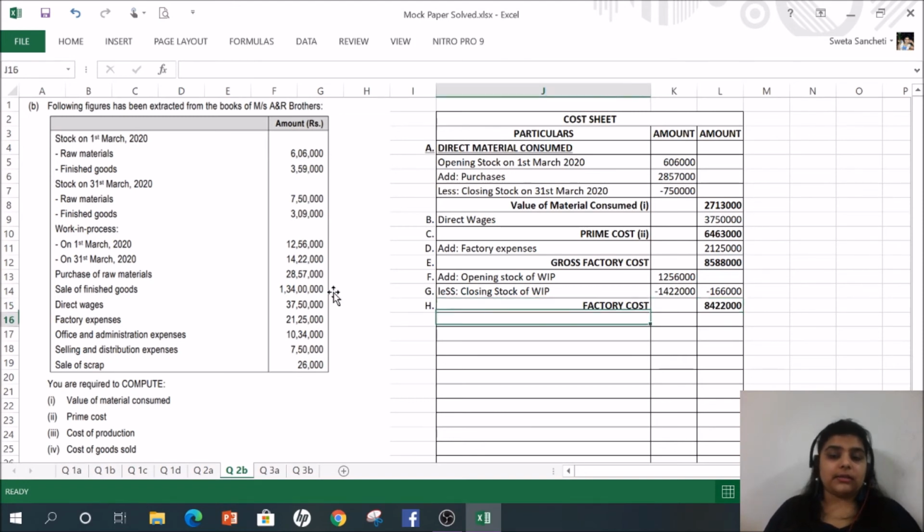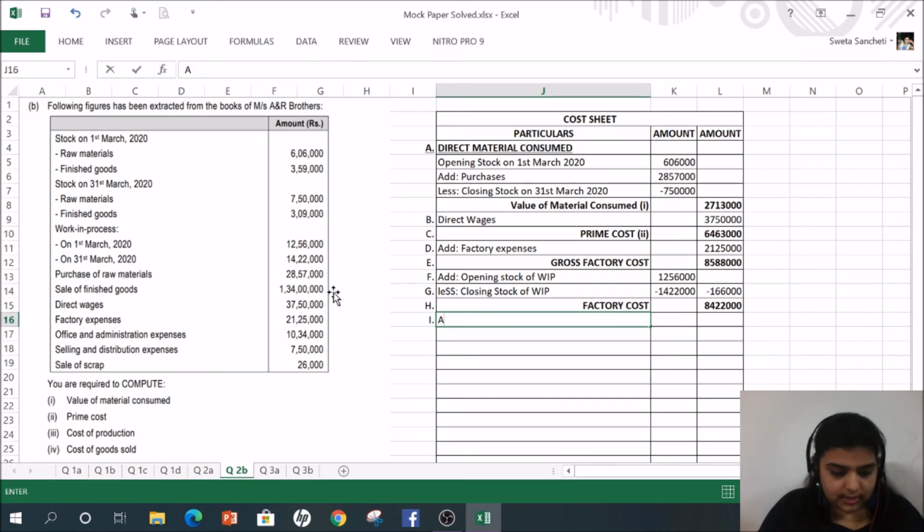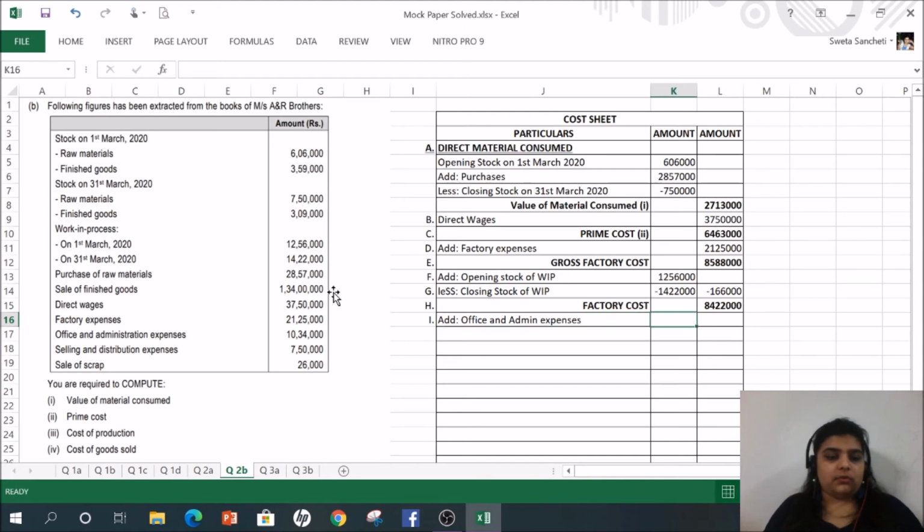They have not asked us for the factory cost. The next thing that they have asked us is the cost of production. So from factory cost what do we do? We add the office and admin expenses, assuming that it is related to production, since they have not specifically said, that is given to us as 10,34,000.